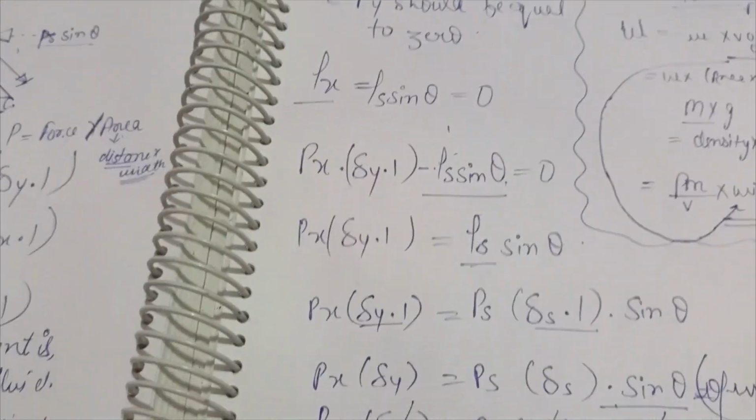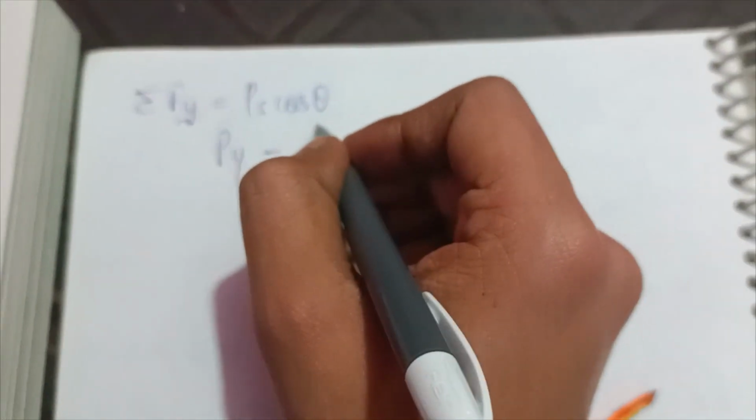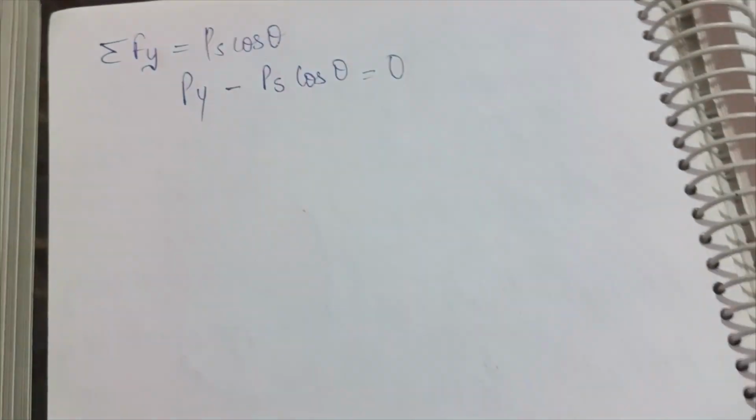Let us start proving that sigma Fy, which is Py, subtracted from Ps cos theta, is 0.